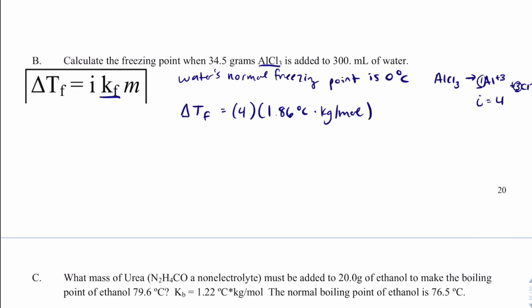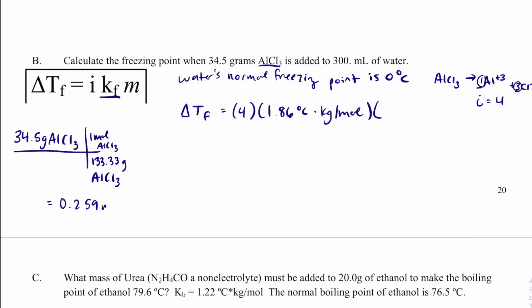And then my molality, we've got 34.5 grams of aluminum chloride. I need to get that to moles. The molar mass of aluminum chloride is 133.33. And I get 0.259 moles of aluminum chloride.